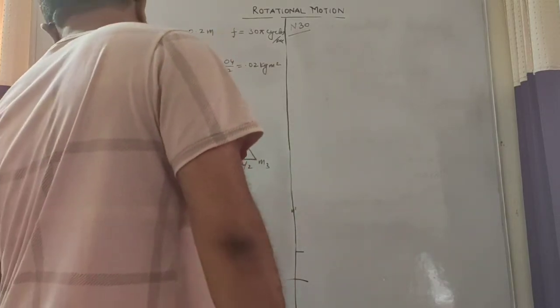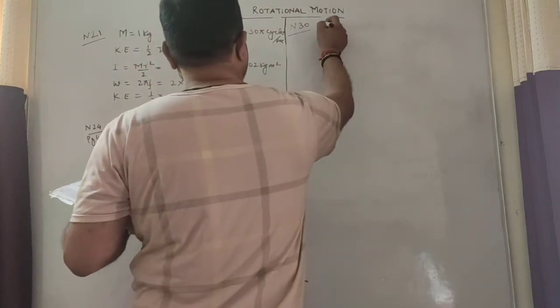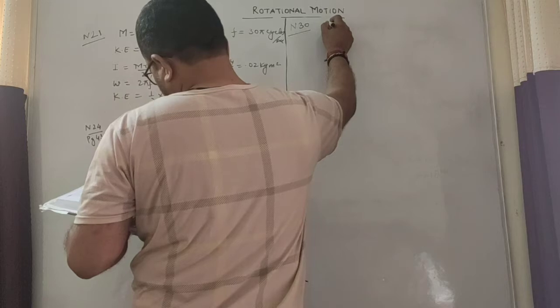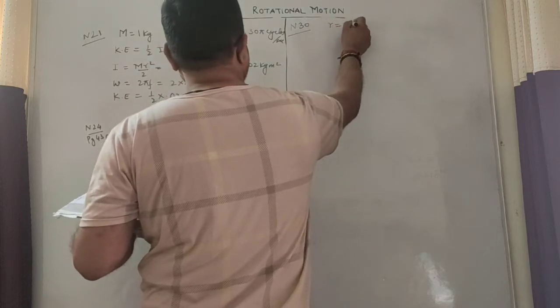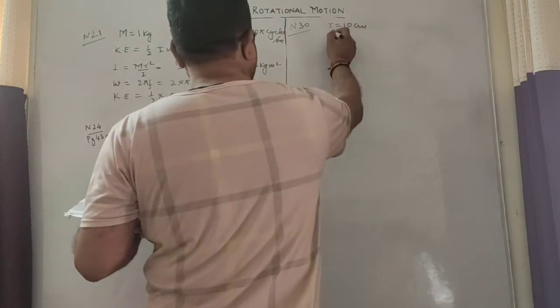Now numerical number 30. Find the moment of inertia of a disc. Again there is a disc of radius 10 centimeter. Thickness is given, mass is not given.